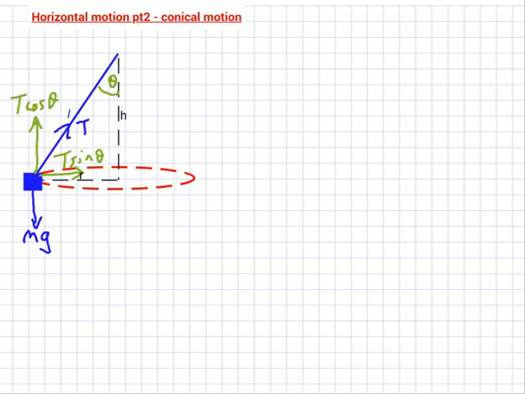So one of the key ideas to use is the fact that the force vertically, the mass and gravity causing a weight vertically down, and then the vertical component of the tension that's at an angle, so T cos theta must equal mg in order for us to have this horizontal circular motion.